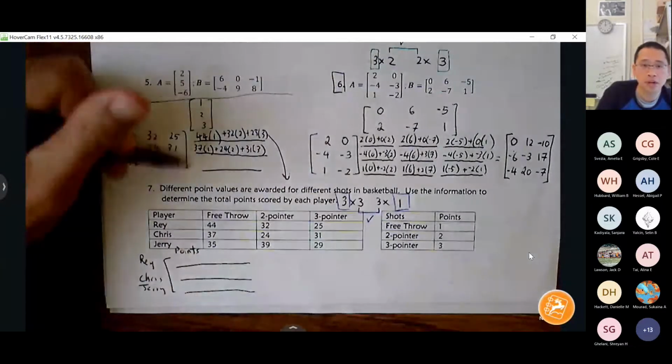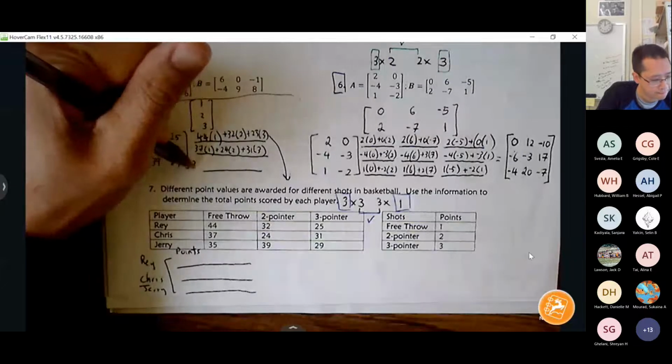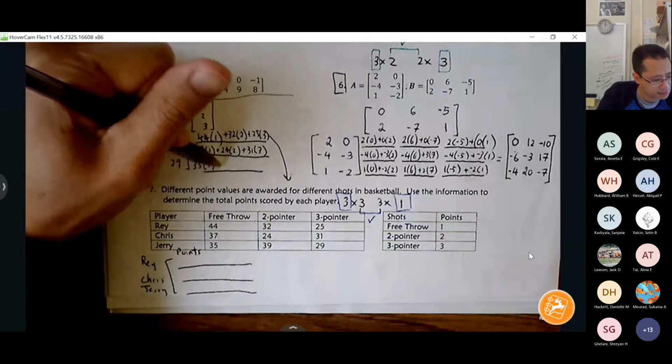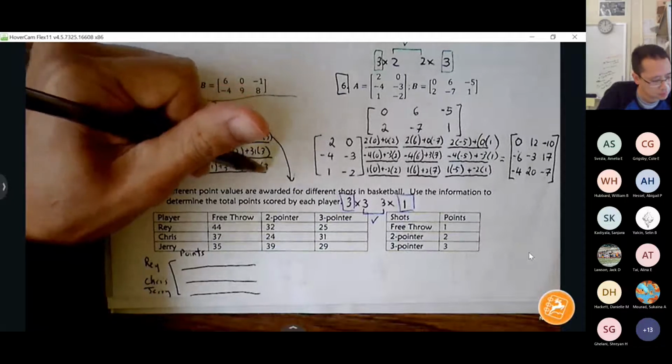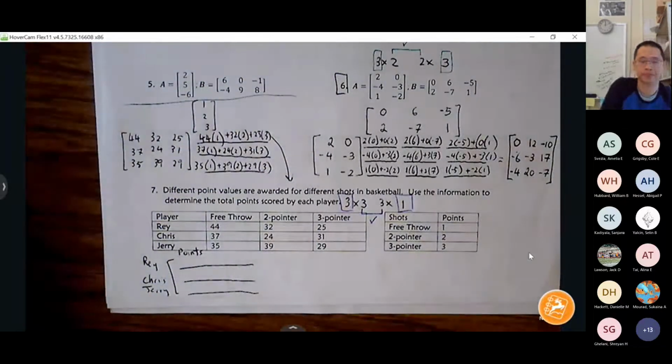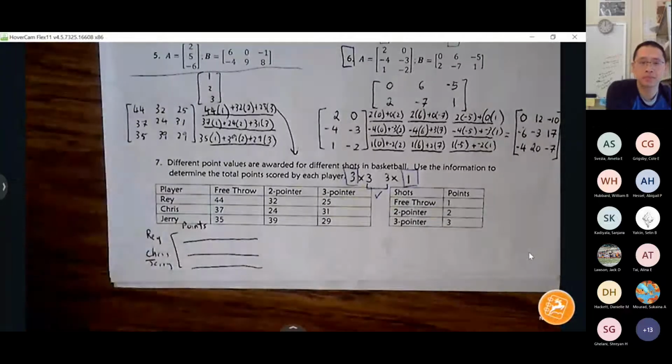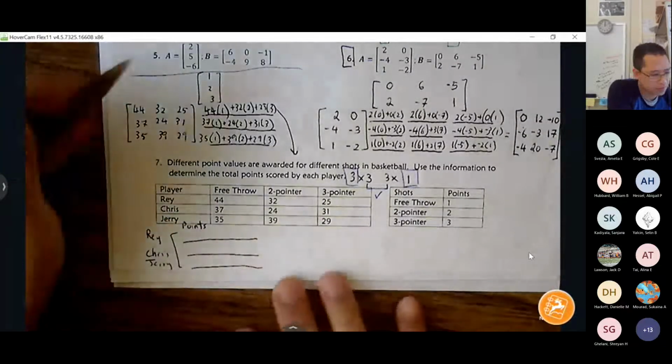Okay, third row, first column. We total all this up together.